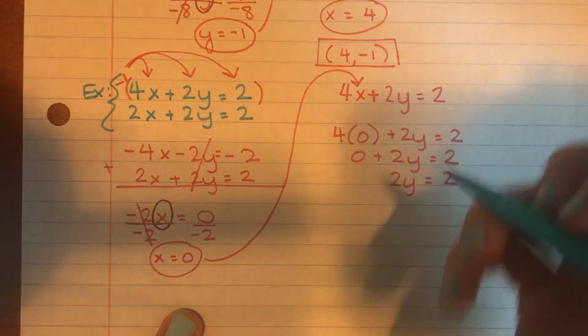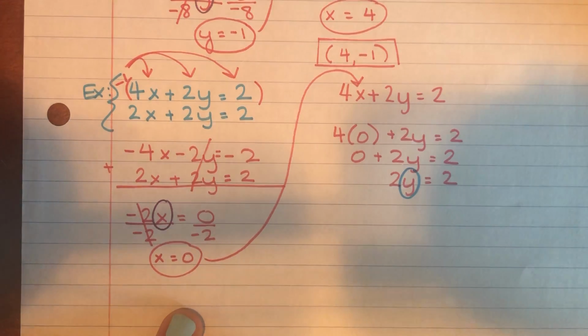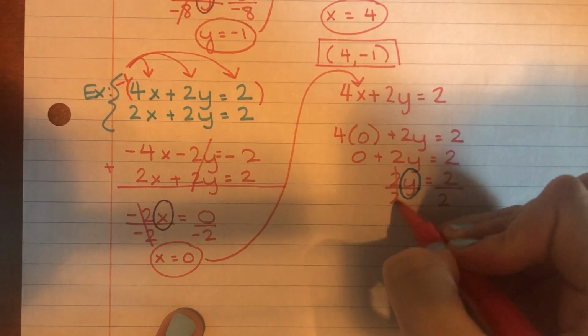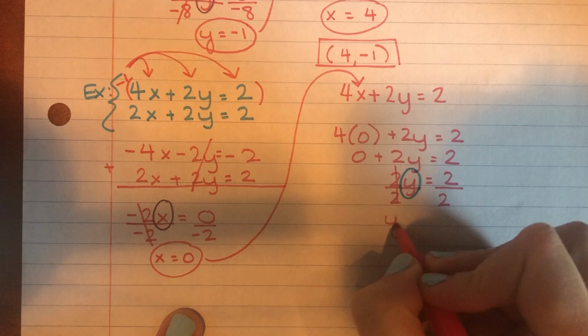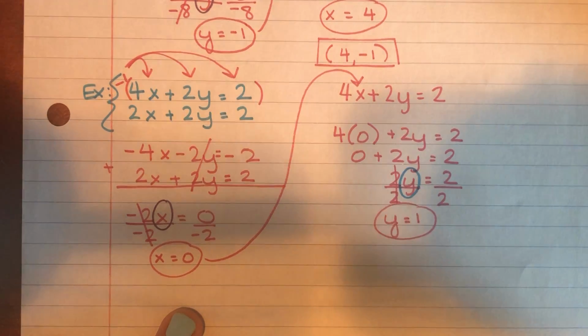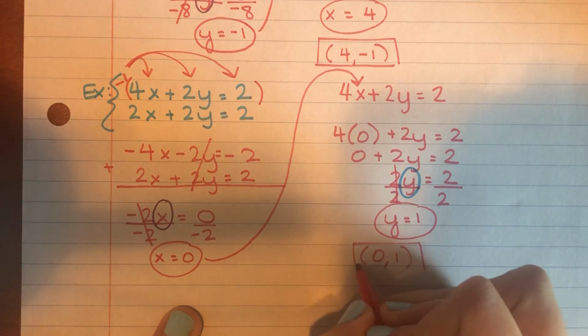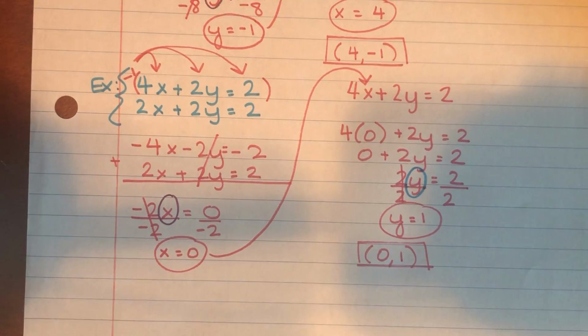And to isolate y, I need to divide each side by 2. My 2's cancel out, and I'm left with y equals 1. So my solution is (0, 1). Okay, last example.